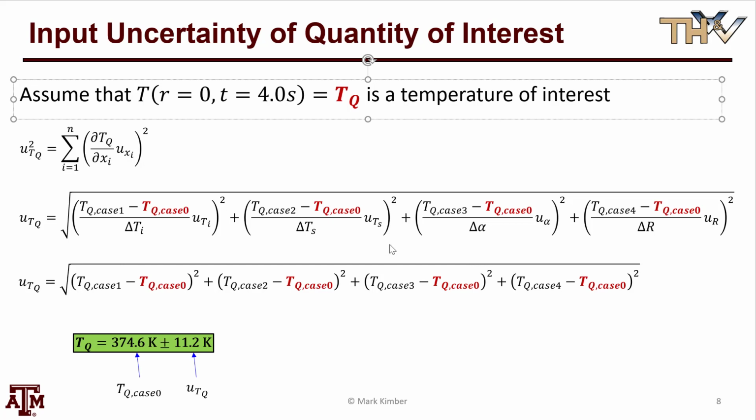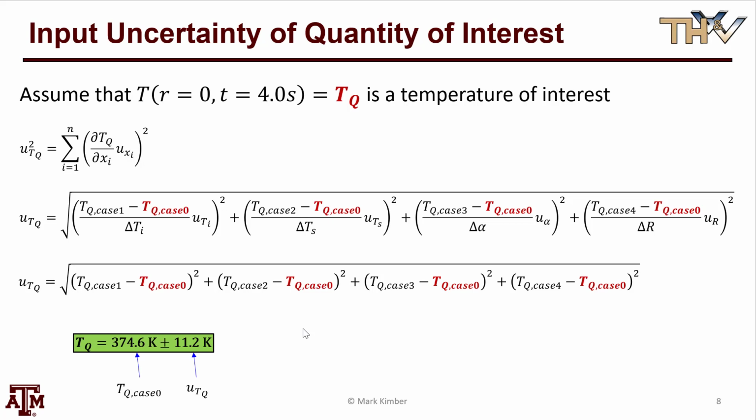And if you carry that through, you go pick off that temperature in each of those files. I think this will be the 7th time step or so at 4 seconds, and then you'll find out that you get a temperature reading of 374.6. This is found from our case 0.